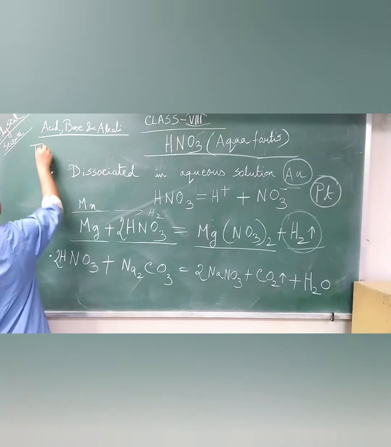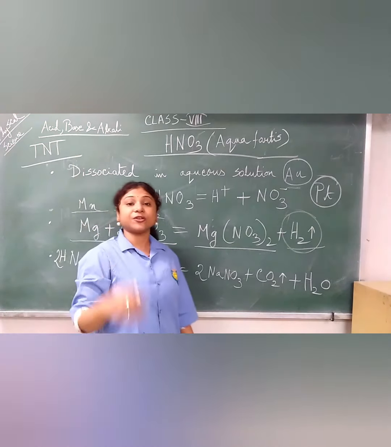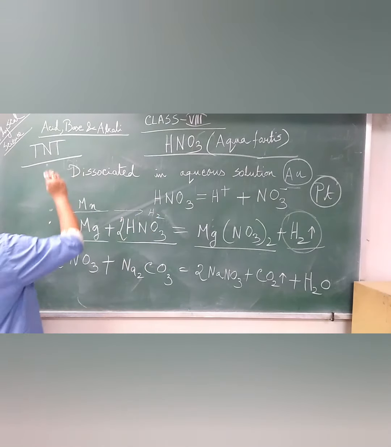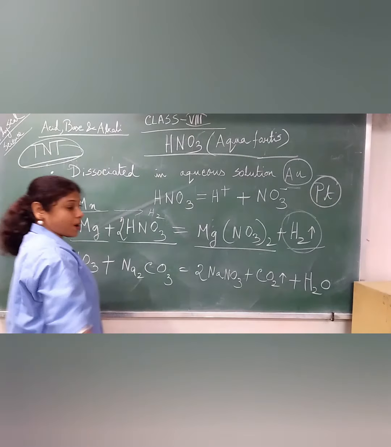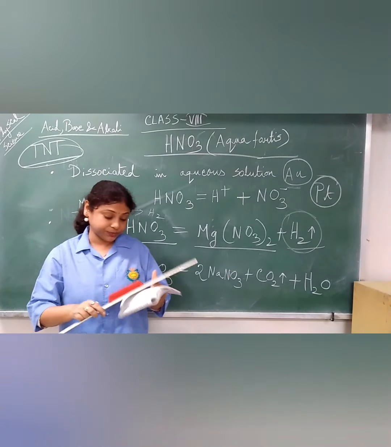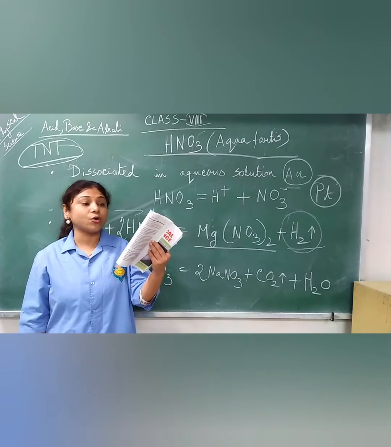What is TNT? This is an organic compound, that means carbon and hydrogen both are present in this compound. It is a type of organic compound, that's an explosive. Next, to prepare aqua regia, already I told you.